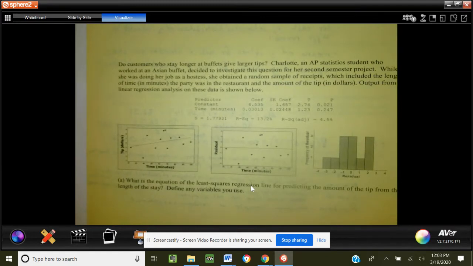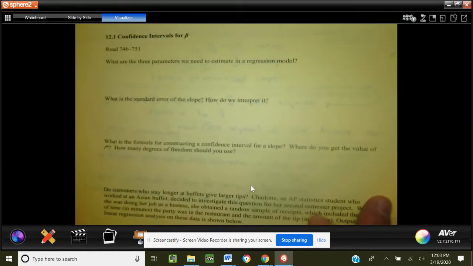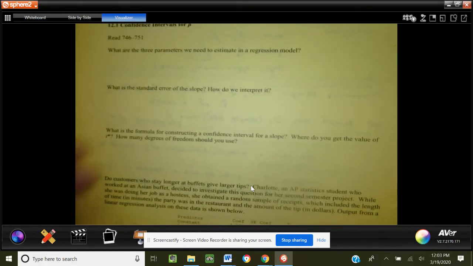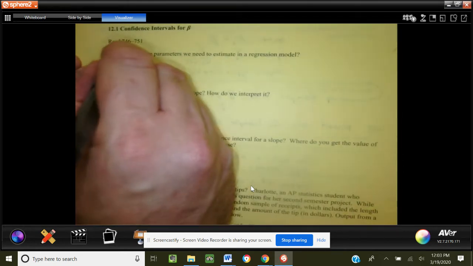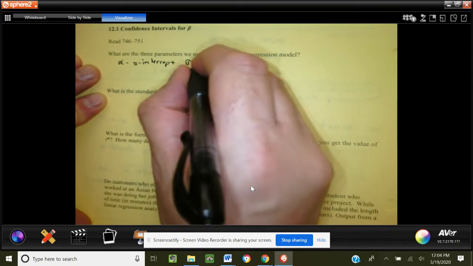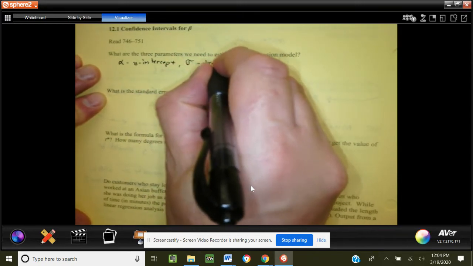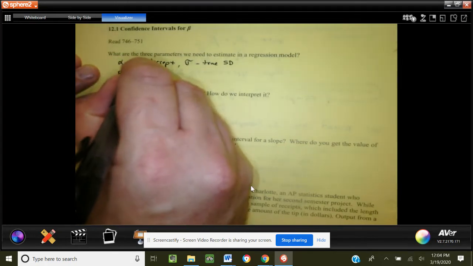Okay. So if we are going to do inference for regression, there are actually three different parameters that we could do inference on. We're only going to worry about one. But if you wanted to, you could do inference on alpha, which is the y-intercept, sigma, which is the true standard deviation of the residuals, or beta, which is the true slope.